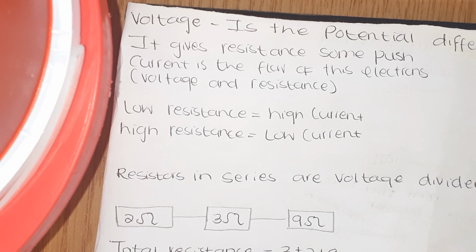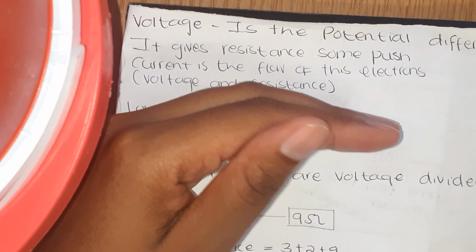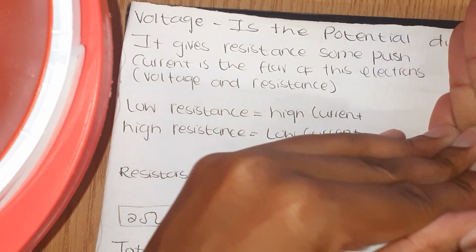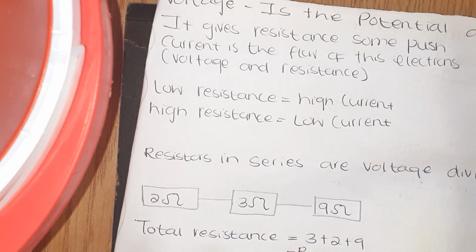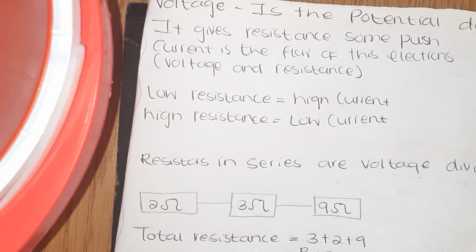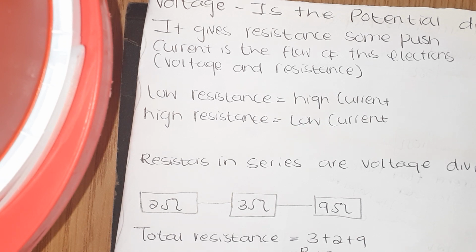So voltage is the potential difference. It gives resistance some push. So let's say this is voltage and this is resistance. It's pushing the resistance, and whatever comes out from that push is what we call current. Current is the flow of electrons, which are these electrons.